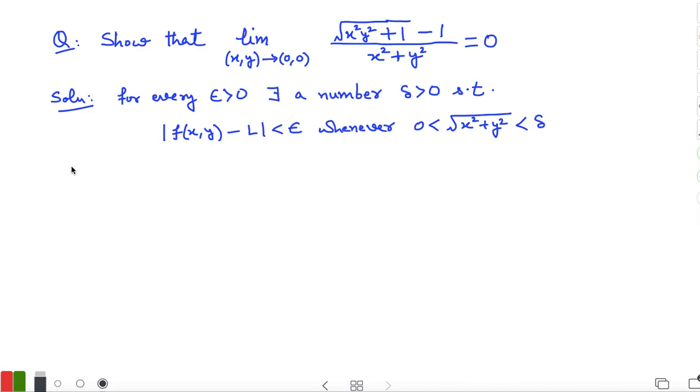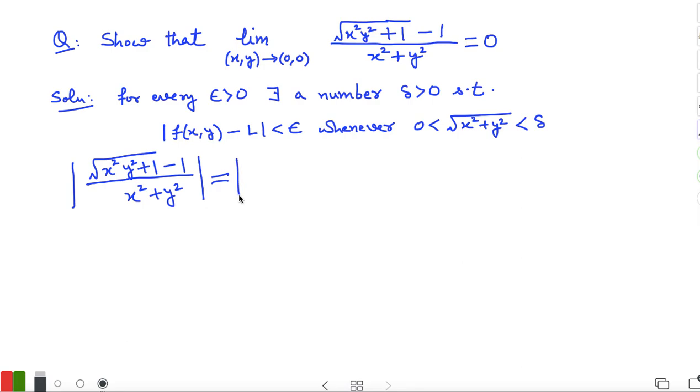on this numerical. So in this case the modulus of f(x, y) minus L is basically the square root of x squared y squared plus 1, minus 1, over x squared plus y squared, minus L, where L is 0, so basically we have to solve this modulus.